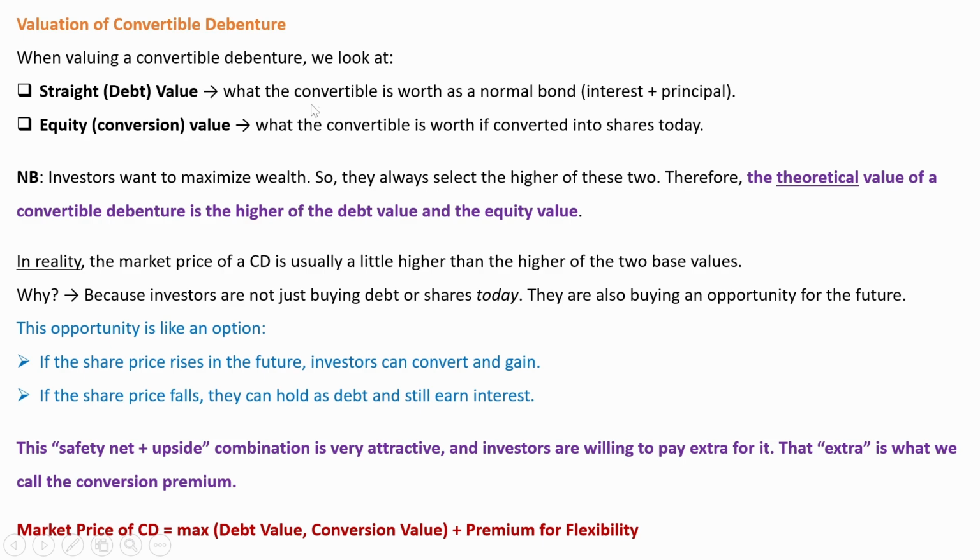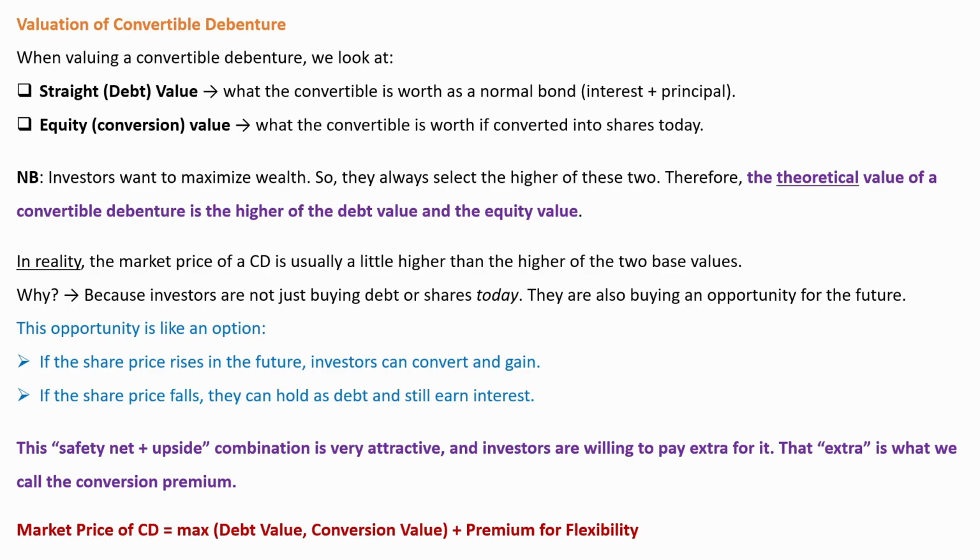So this is what the convertible debenture is worth as a normal bond. And how much is it worth? That is interest plus principal. We are going to see that one later. Present value of interest plus present value of principal at maturity gives us the value of the debenture.